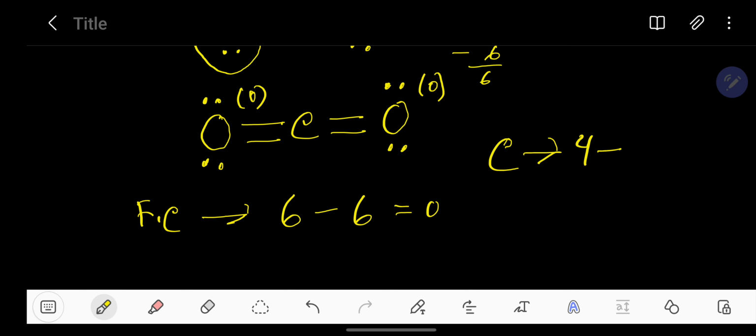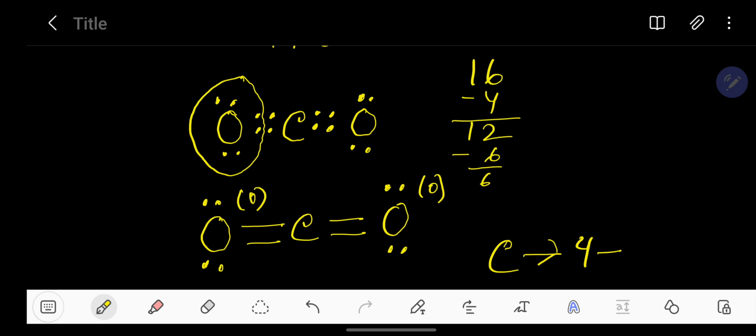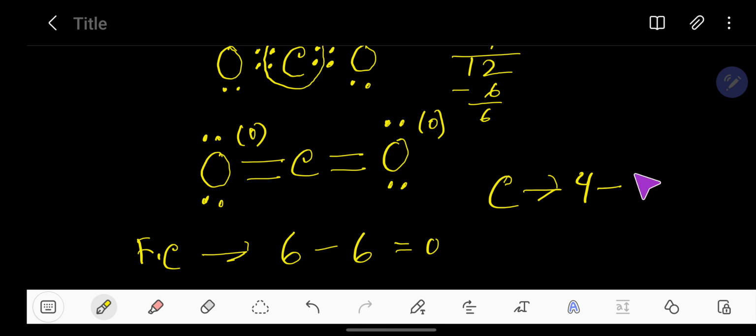Just draw a circle, right? The circle will include all the lone pairs, but will include half of the bond pairs. So 4 minus 4 is 0. So the formal charge is 0. So this is the best Lewis dot structure or electron dot structure of CO2.